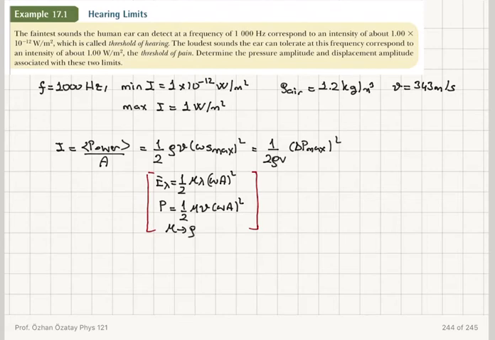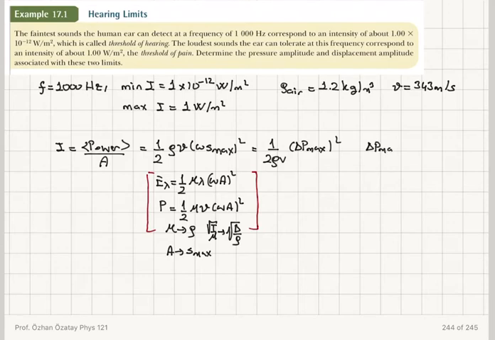Here mu is replaced by density, and v on the string, square root of T over mu, is replaced by square root of B over rho. Omega is the same omega, and the amplitude is S max. With this analogy, I can see the intensity as a function of S max.